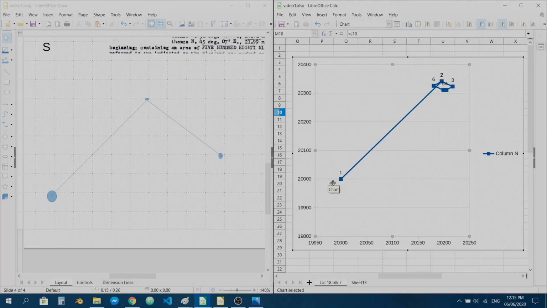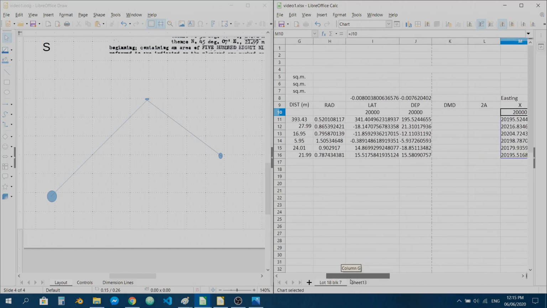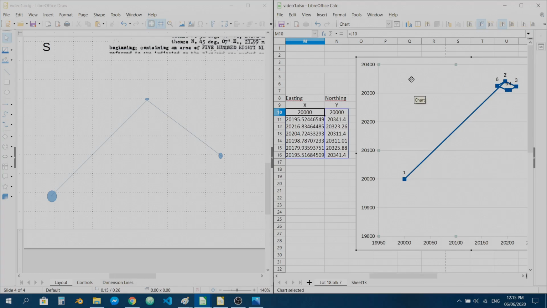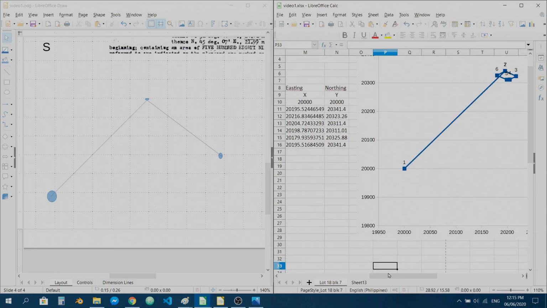Pero, let's just explain. So, from point 1, magta-travel siya ng 341 meters up and then 195 meters to the right. So, up and then right. There's our point 1. And then, so yan with the other one. So, now that we have the value nito, na pinag-add natin, we have now this.